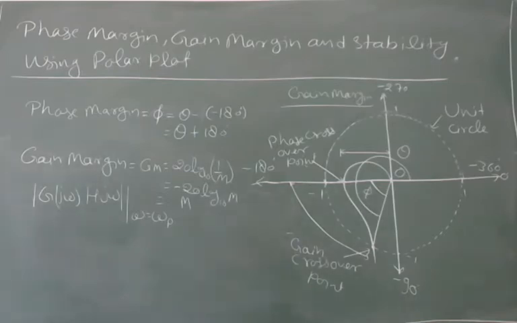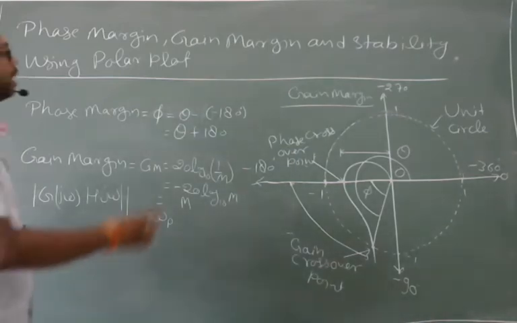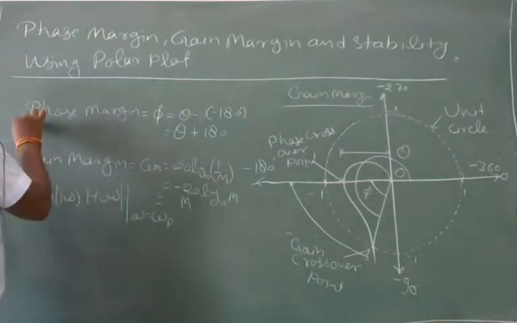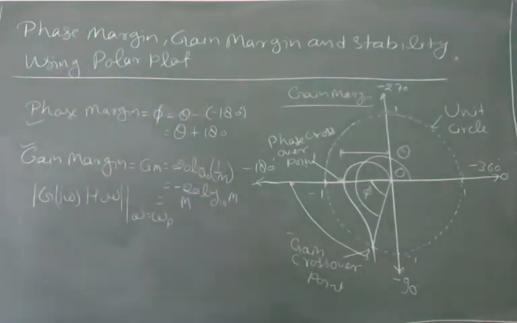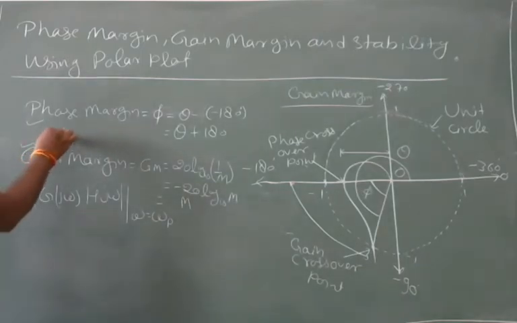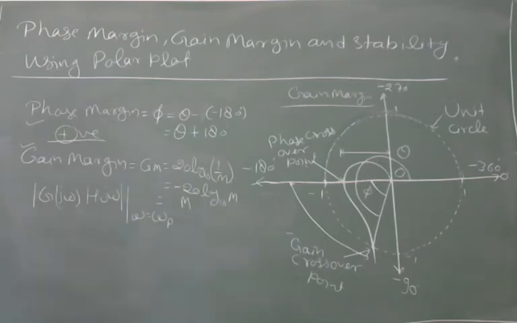Clear? Now, for the stability of a system, what is necessary? For the stability of a system, phase margin and gain margin both should be positive, right?